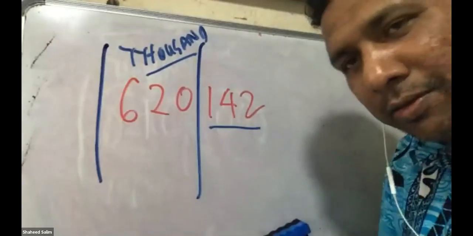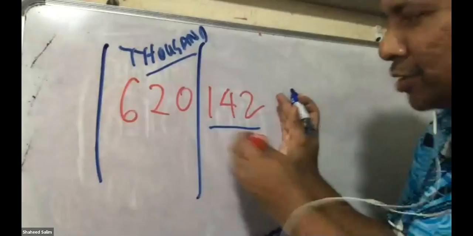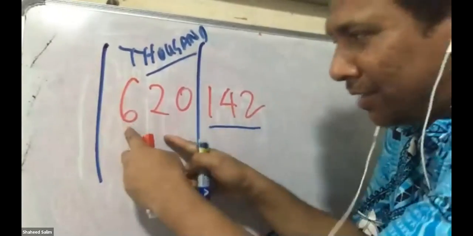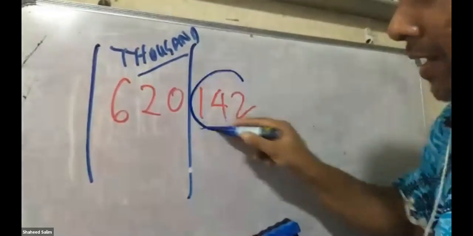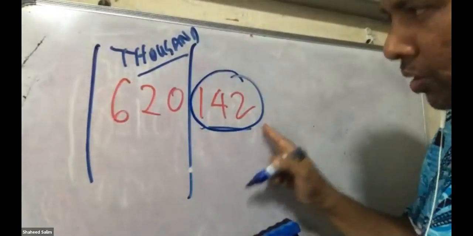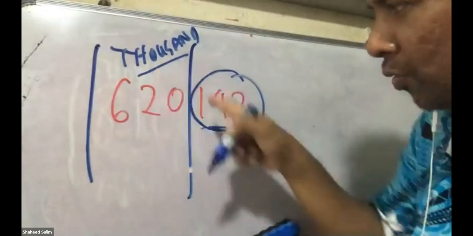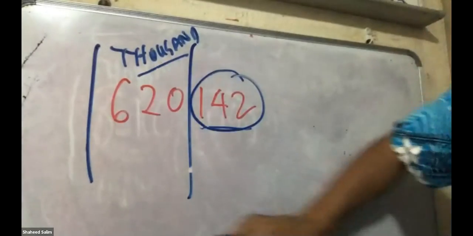No, no 100. This last one, there's no 100, nothing. 620,142. This last one, you read it as it is, 142. 620,142.